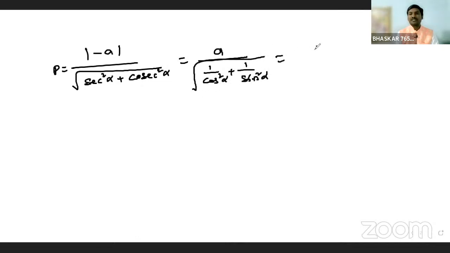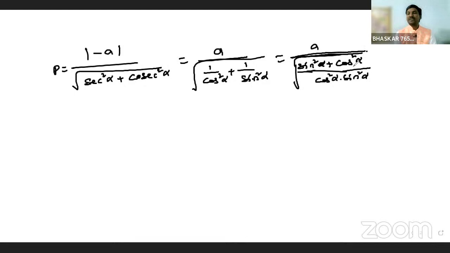Now take the LCM: cos square alpha into sin square alpha. When we take the LCM, sin square alpha plus cos square alpha in the numerator, and the root remains as it is.